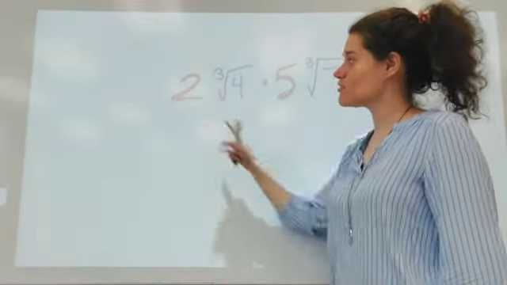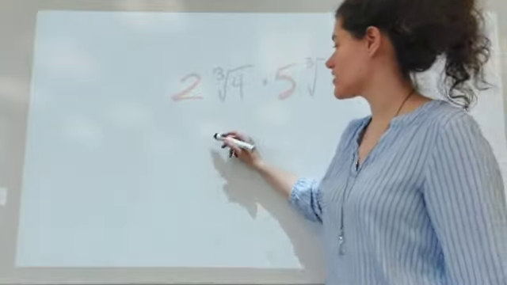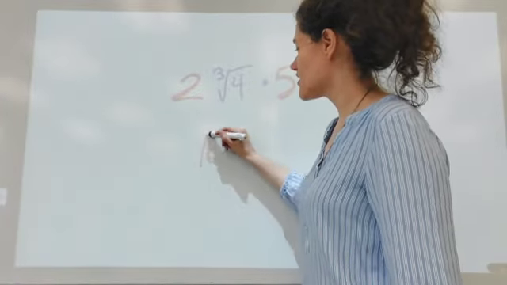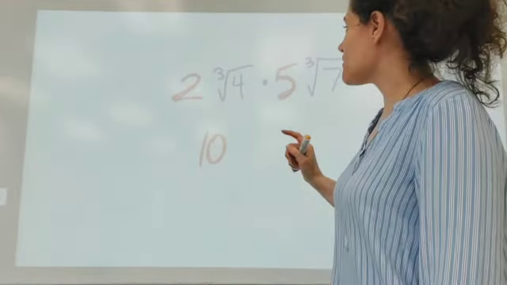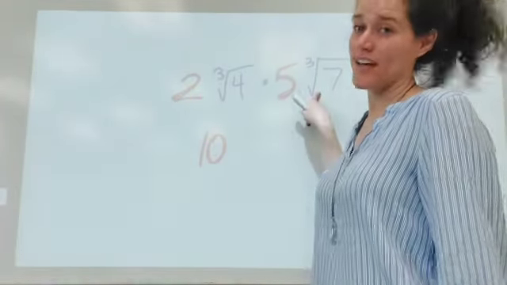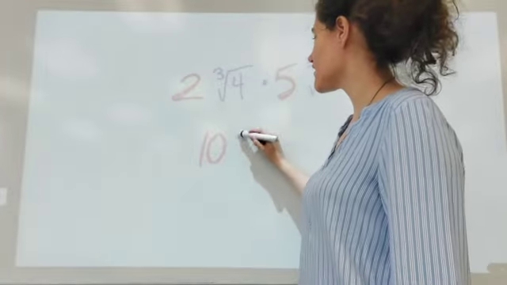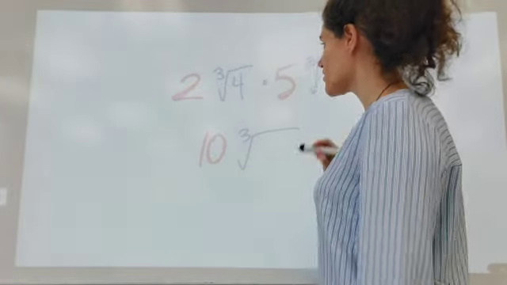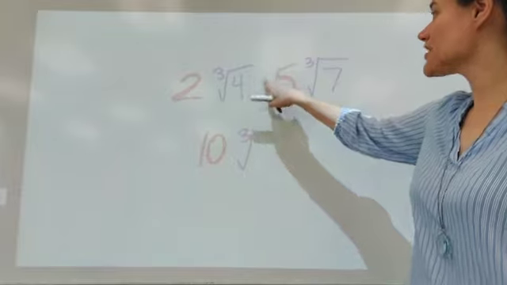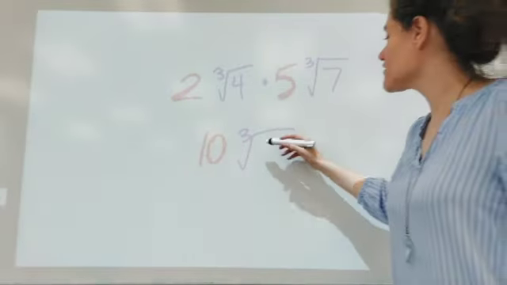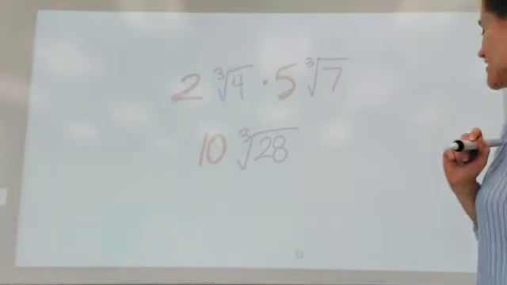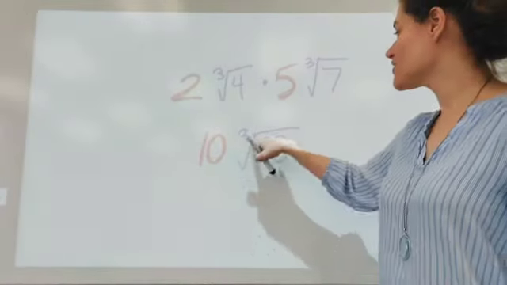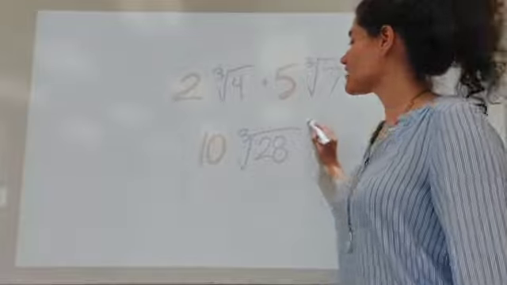So you will just do 2 times 5, and that will give you 10. And then now the insides multiply together. So the cube root, and then 4 times 7 gives me 28.